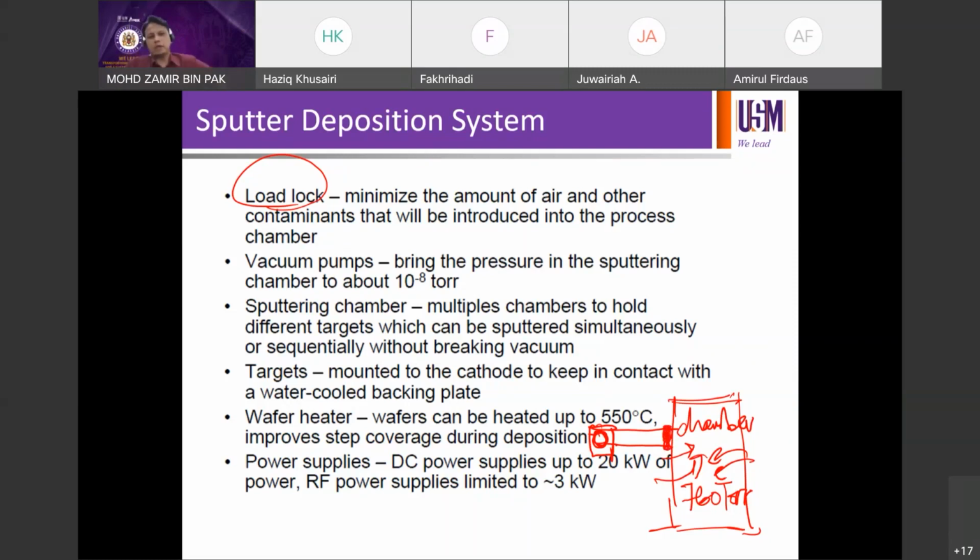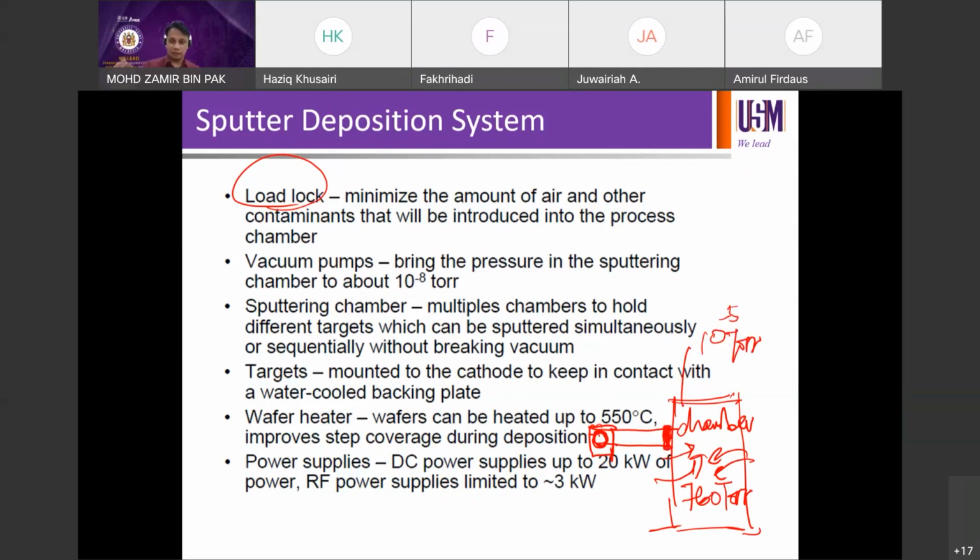It means that when you have a load lock, your chamber can remain at 10-5 base pressure. Your chamber can remain at 10-5, with no contamination, no frequent exposure to the environment, particles, moisture, whatnot.